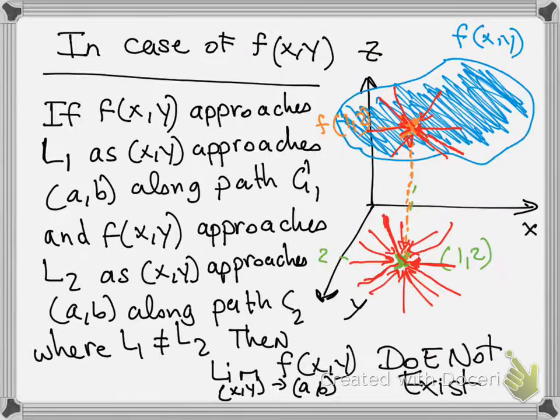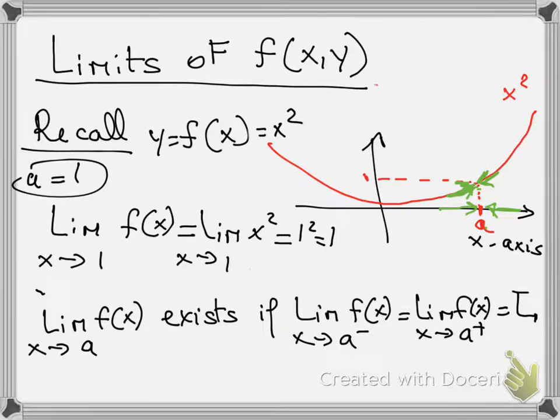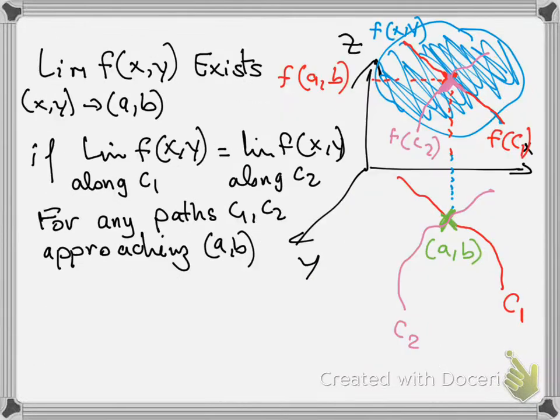So what I'm saying, guys, in the case of one variable, there are only two ways to approach a, right? Either from the left or from the right. And in order for the limit to exist, you need the limit from the left to be equal to the limit from the right. Now, in the case of two variables, there are infinite paths to approach AB, right?